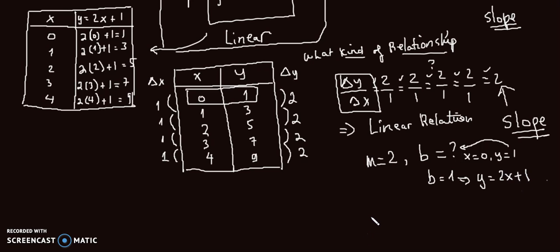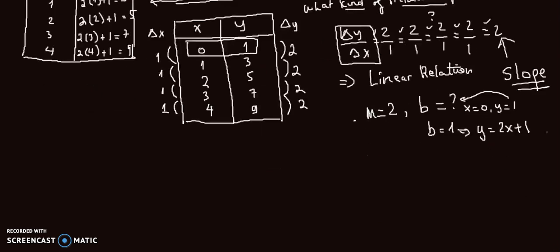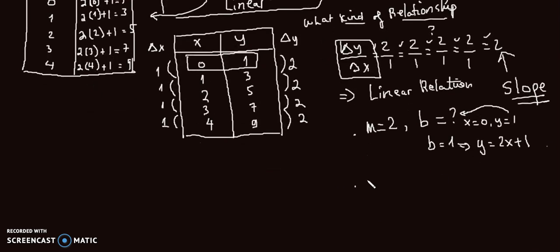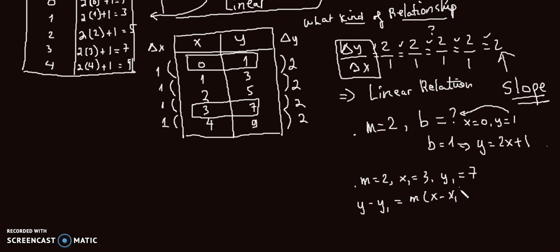Now, can I do it differently? Yes, of course. You're more than welcome to do it the other way. Another way of doing this is to use point-slope form. For example, you have slope equal to 2 already, and you just choose one pair. I choose x1 equal to 3, y1 equal to 7. So my point-slope equation would be y minus y1 equals m times x minus x1.